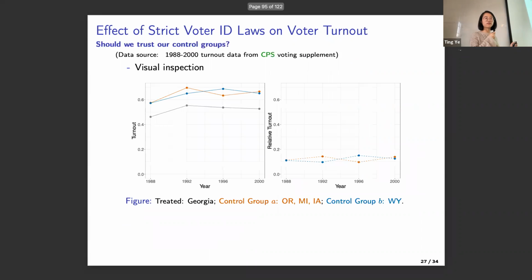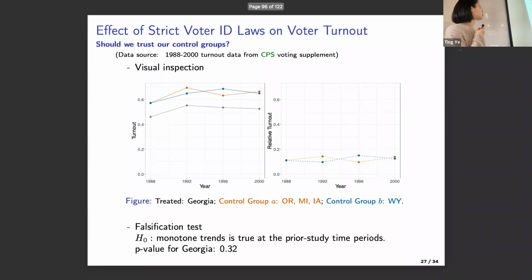So we do a validation using the CPS data, where we plot the turnout rate for the control groups and how it varies over the years. We look at the relative outcomes, which are easier to see. Then you can see that when one group increases, the other group must decrease. So this satisfies our assumption.